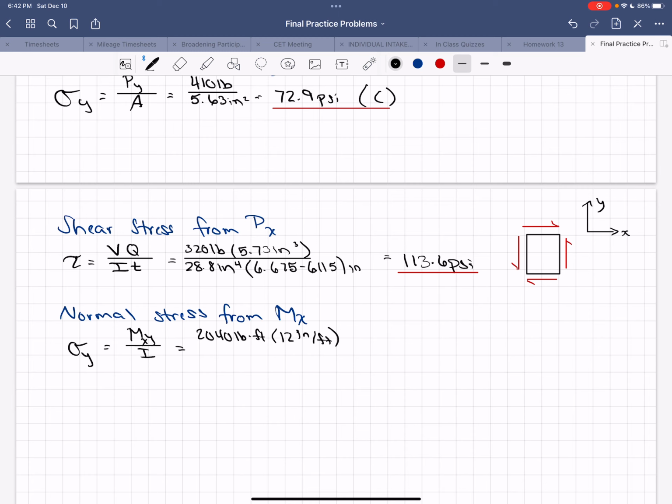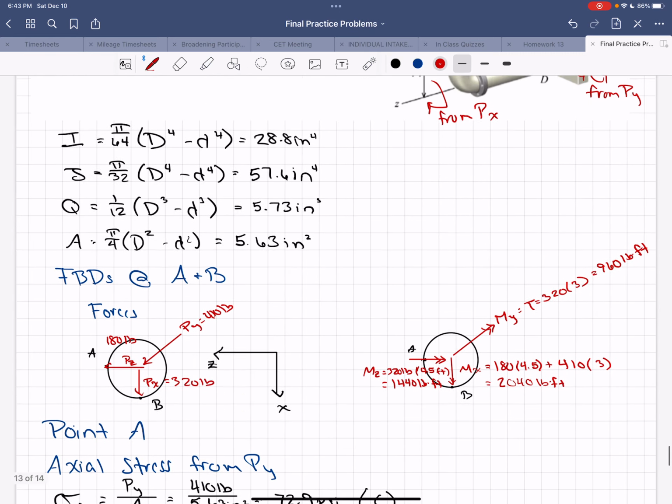The y is the radius of the big diameter, so 6.675 over 2 inches, all over I, which was 28.8 inches to the fourth, and we get 2,835.7 psi. Now we need to look and see if that's in compression or tension.